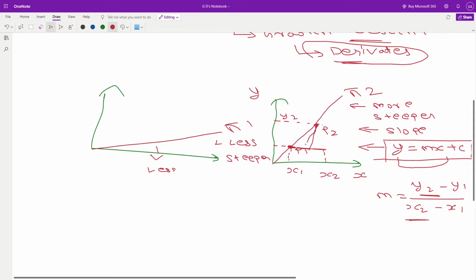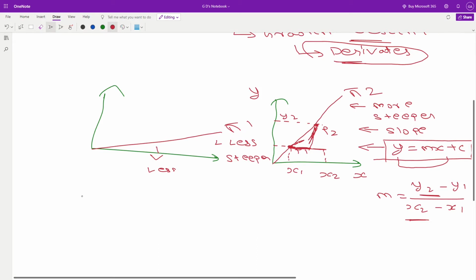The main point is you are trying to find the slope. The slope is nothing but y2 minus y1, that is this particular distance, and this particular distance. You are just finding the ratio of these, and that is what your slope is.